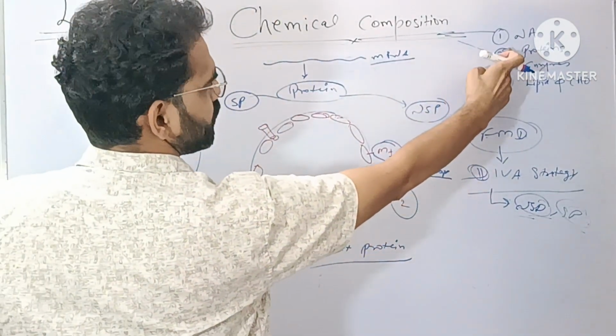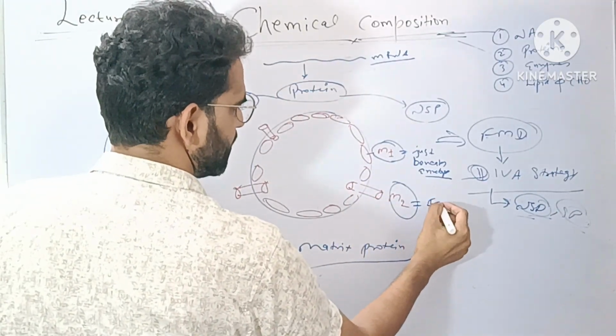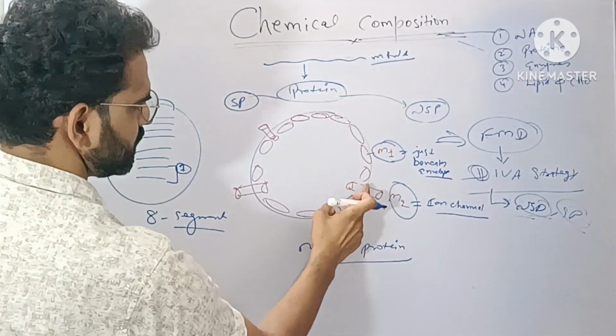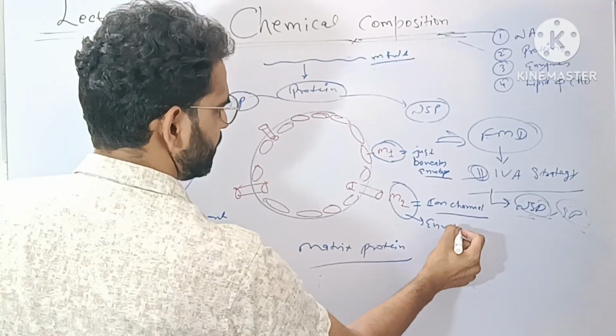M2 protein is nothing but an ion channel, and the location of M2 is within the envelope structure.